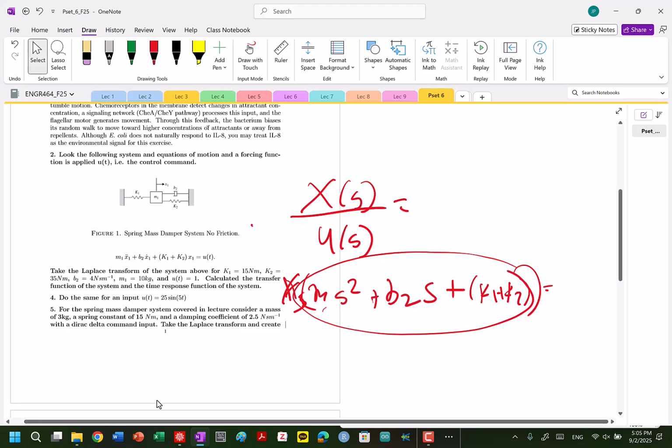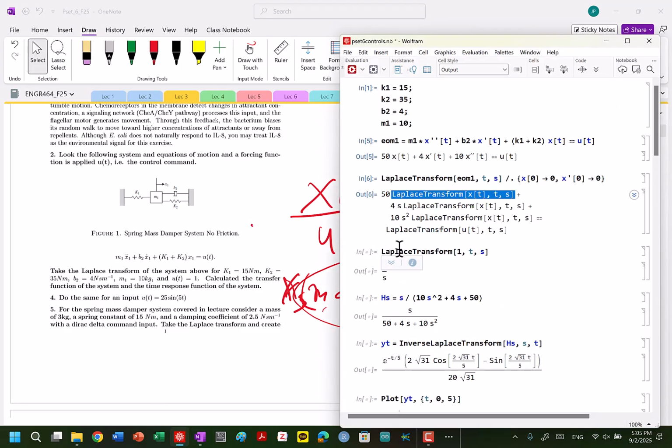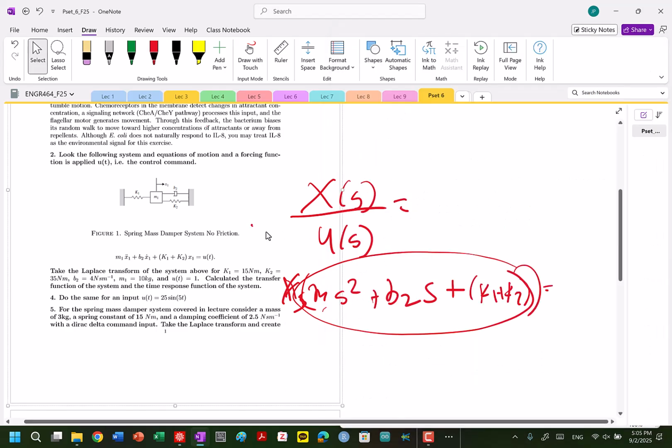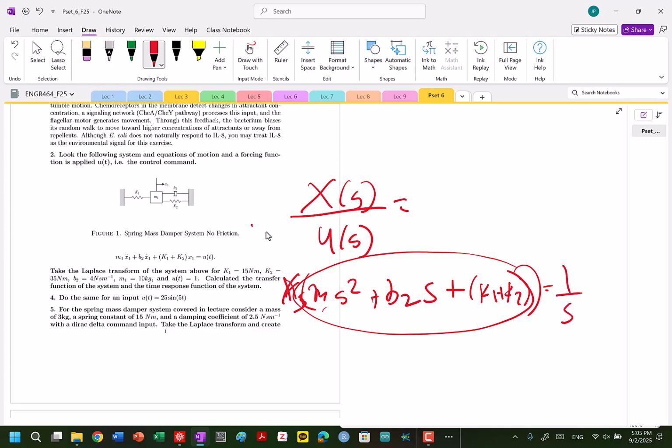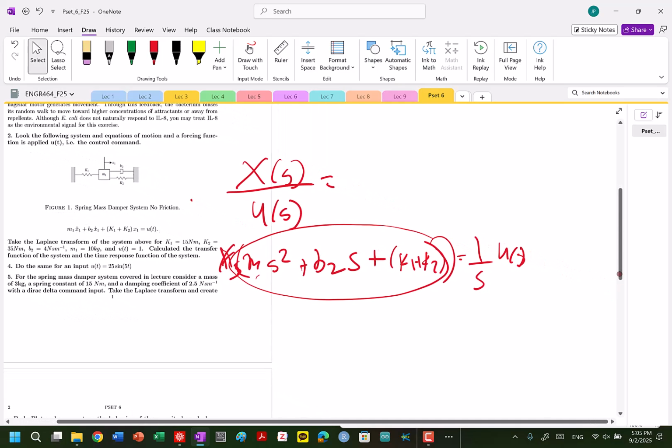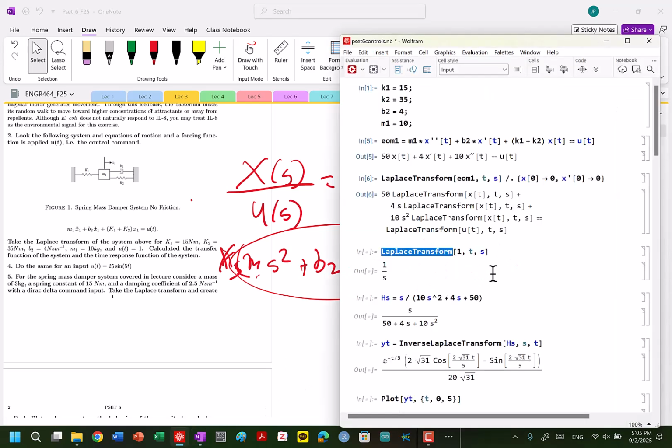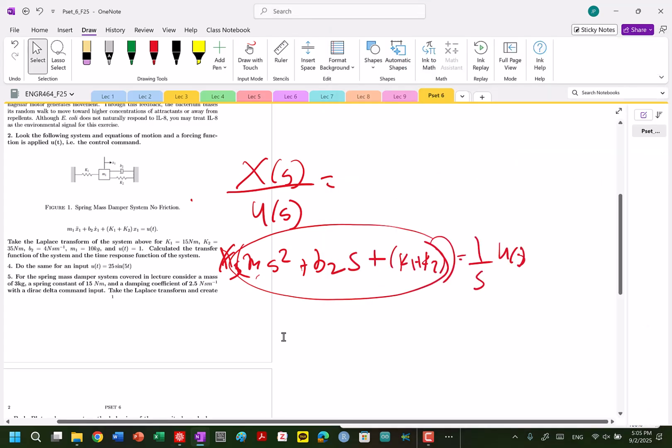Our u of s, if our input in time is 1, the Laplace transform will be 1 over s. So here, this is 1 over s times u of s. And now we can move that function over. If we want the transfer function, it's just what we're dividing by.